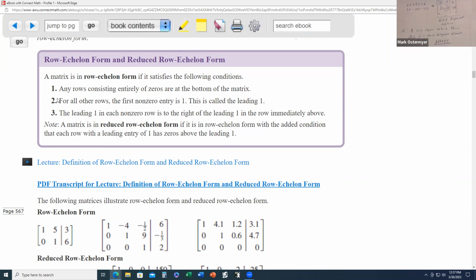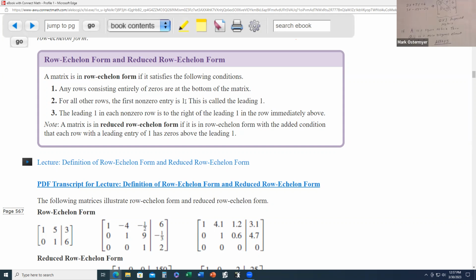Number 1, any row consisting entirely of zeros must appear at the bottom of the matrix. That's a requirement. Number 2, for all other rows, the first non-zero entry we strike as we move from left to right in each row must be a 1.